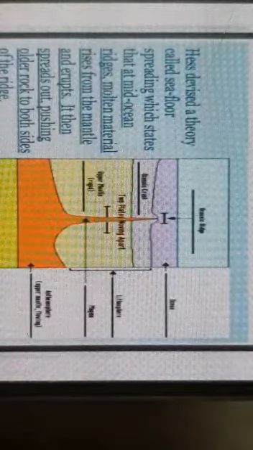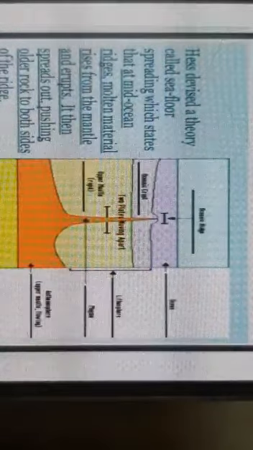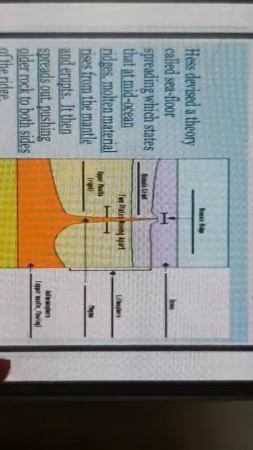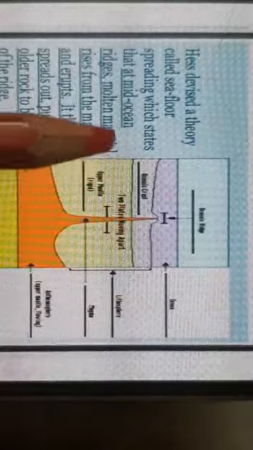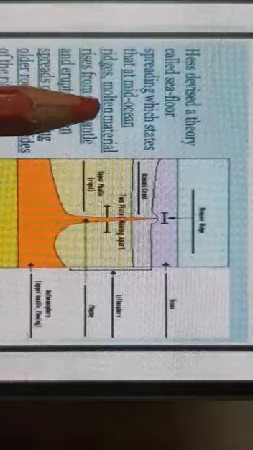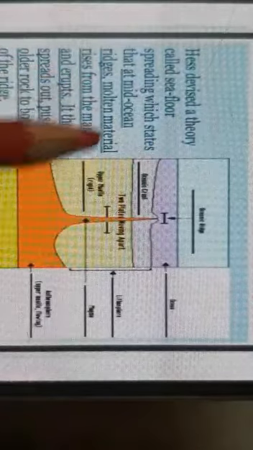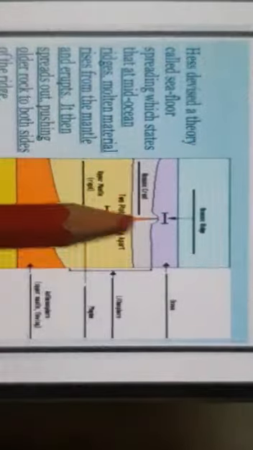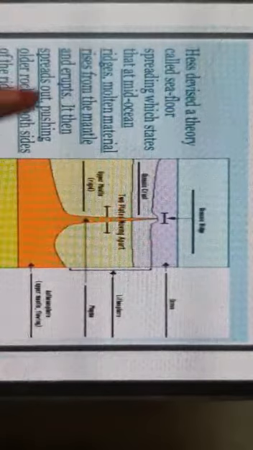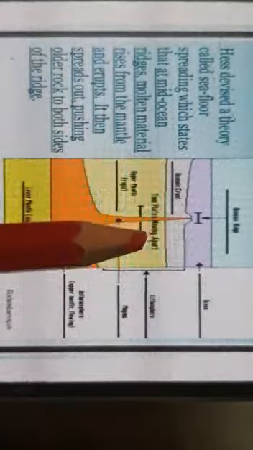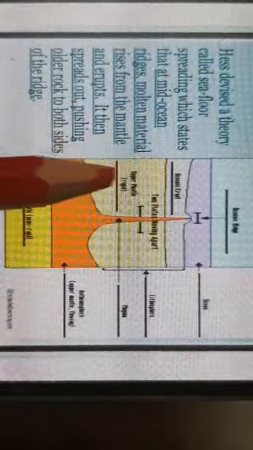Harry Hess, in 1962, gave a theory called seafloor spreading. In this theory he explained that at the mid-oceanic ridge, molten material rises. As I explained in the previous diagrams, the molten material rises at the mid-oceanic ridge, spreads out, and flows to the outer area of the ridge.